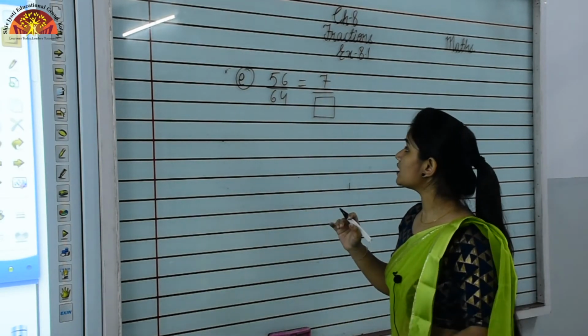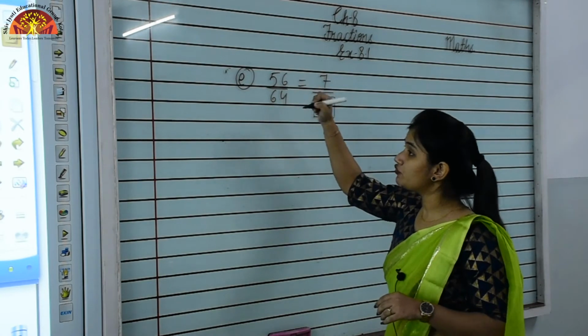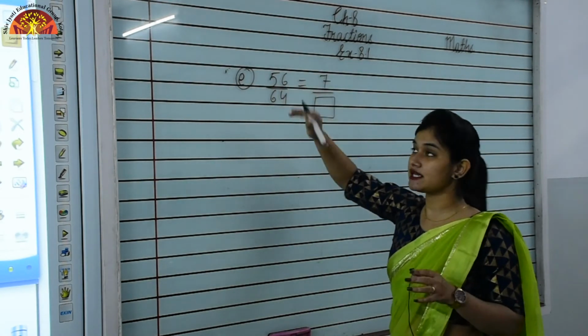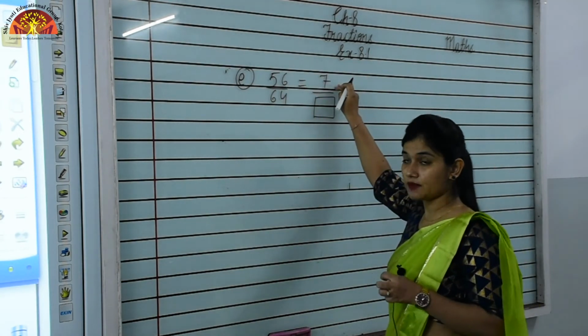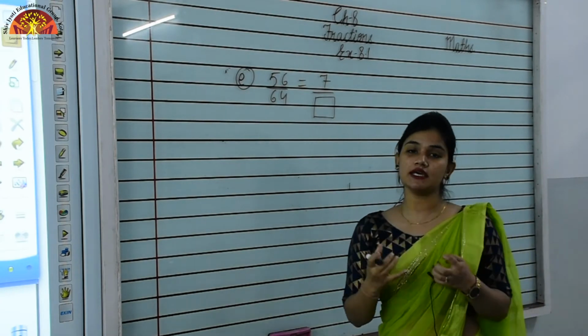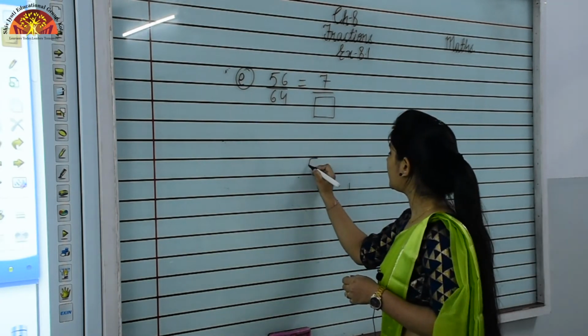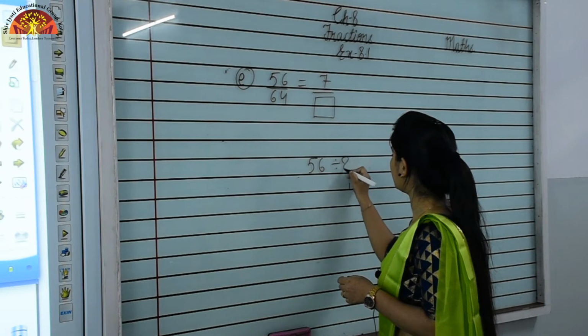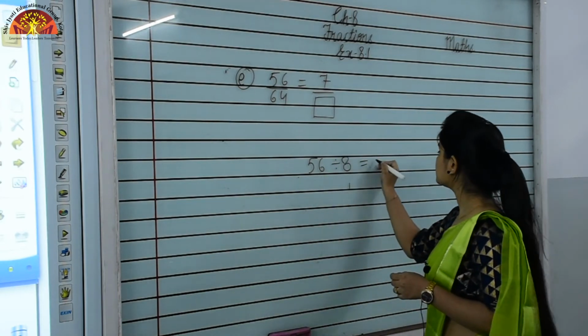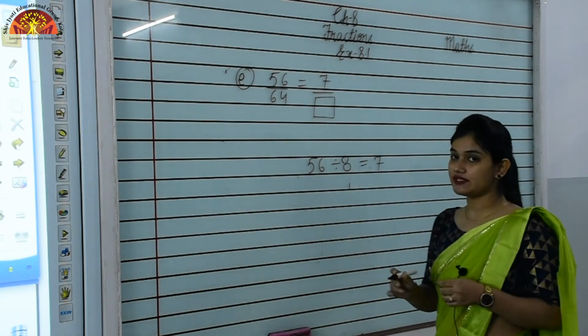So students, you can see you have to do something with 56 and you are getting 7. Okay, so 56 में आपने ऐसा क्या किया कि आपको 7 मिल गया. If I divide 56 by 8, then I will get 7 because 8 sevens are 56.